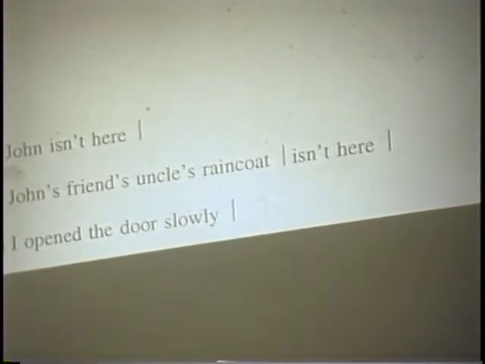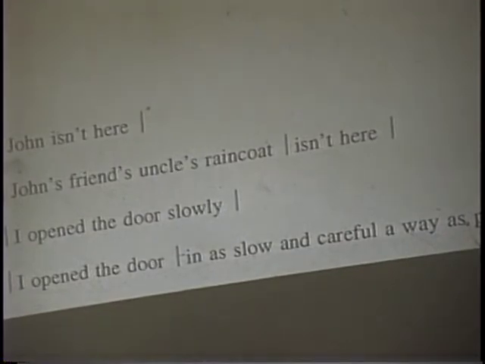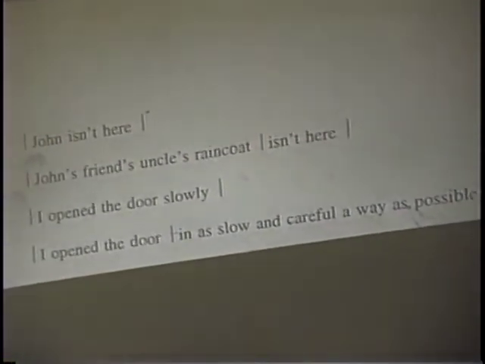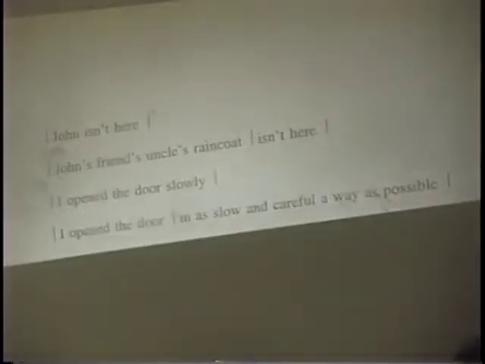If I make that adverbial phrase more complicated, longer, by adding words to it, changing it around a bit, then it's likely that I'm going to split that off and give it a separate word group of its own. So in that sentence, I open the door in as slow and careful a way as possible, it's likely to have a separate word group of its own. Not guaranteed, but likely.